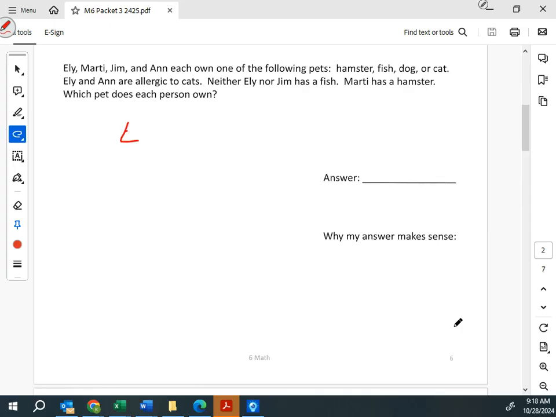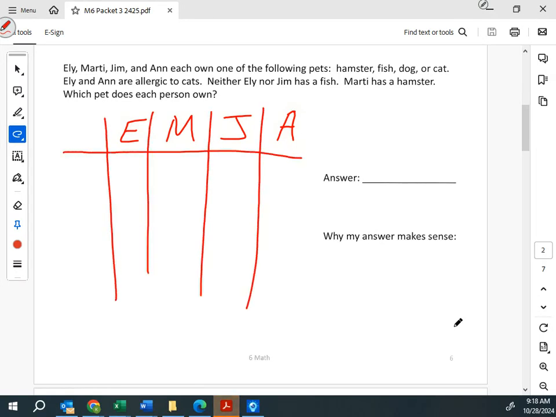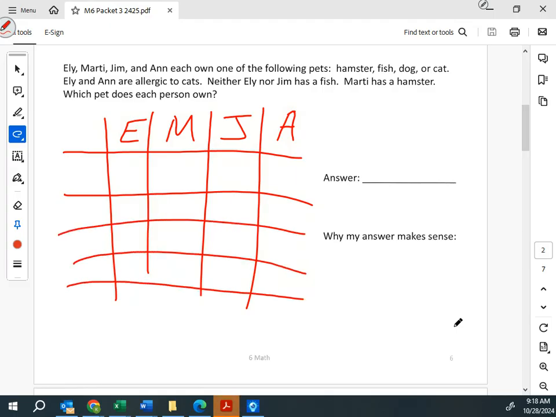So I have Eli, Marty, Jim, and Ann, and they each own a pet. So I'm going to make my table. They could own a hamster, a fish, a dog, or a cat. So I want to make my table to figure out who owns which pet.